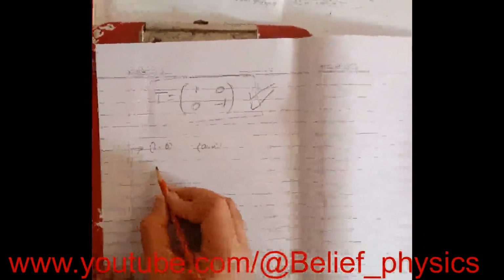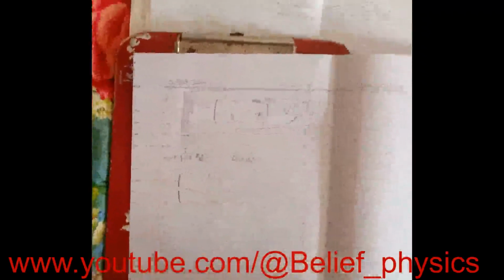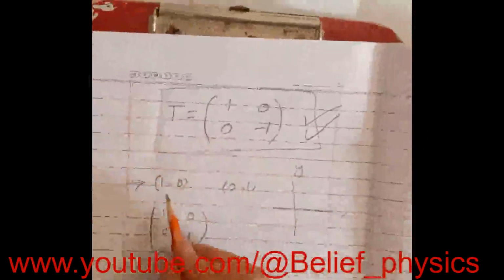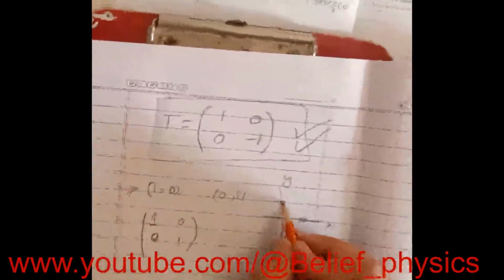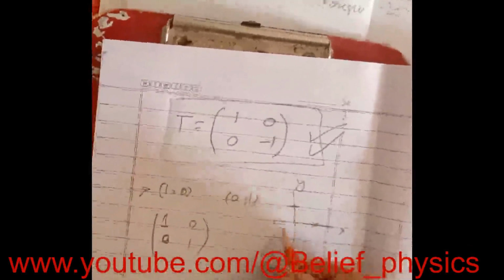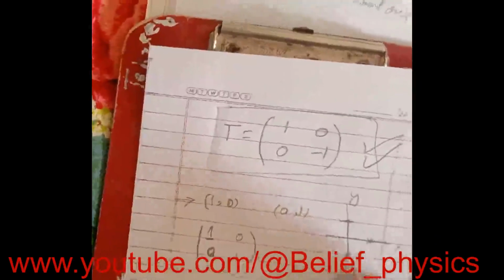These are the objects. Reflecting these points in the x-axis: 1 0 is on the x-axis, so it will remain invariant, and its image will be 1 0. The point 0 1, if reflected in the x-axis, will have its image here, which is 0 comma -1.